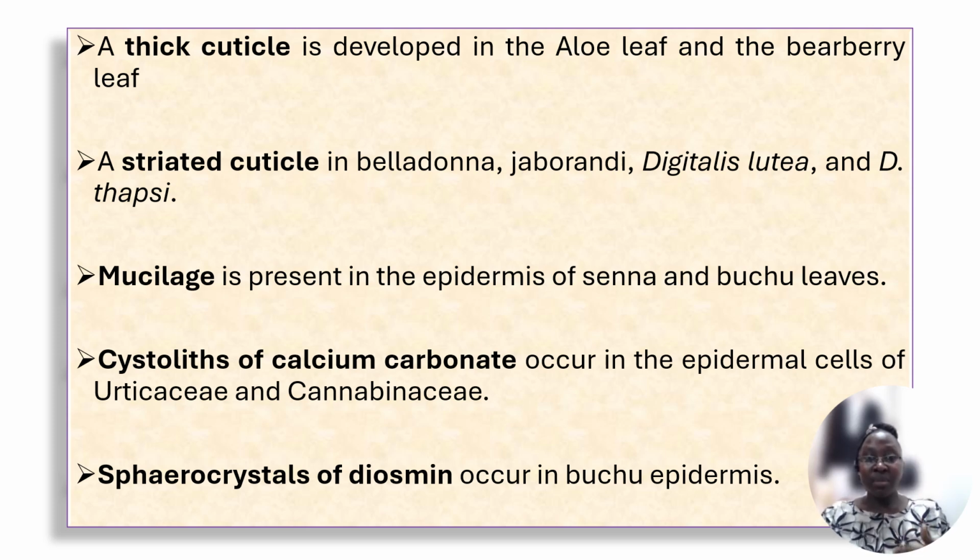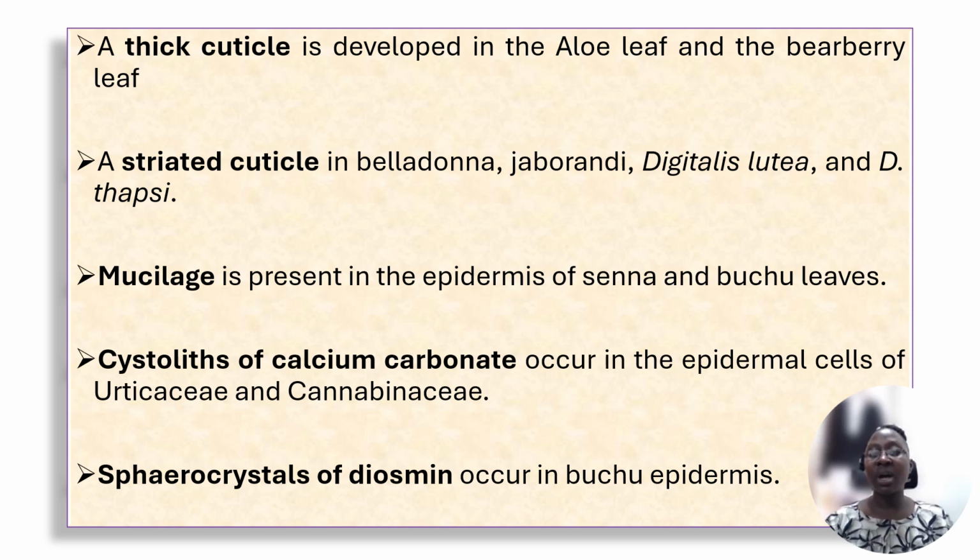Sometimes the epidermis may have inclusions like mucilages, calcium carbonate crystals, calcium oxalates, spherocrystals of diosmin. These are inclusions. Remember, we said something about inclusions in the objectives, and here is where we get to discuss this. Mucilage is present in the epidermis of senna and buchu leaves. Cystoliths of calcium carbonate occur in epidermal cells of Urticaceae and Cannabinaceae.